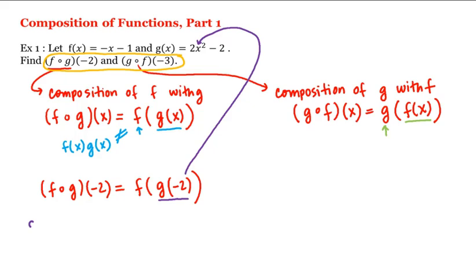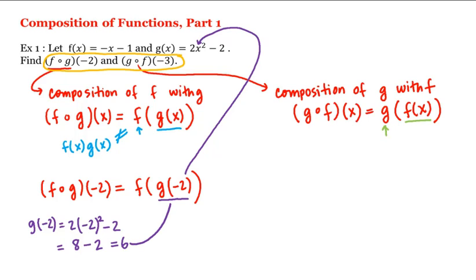That is, g of negative 2 is equal to 2 times negative 2 quantity squared minus 2, which is equal to 2 times positive 4, which is 8, minus 2, or 6.